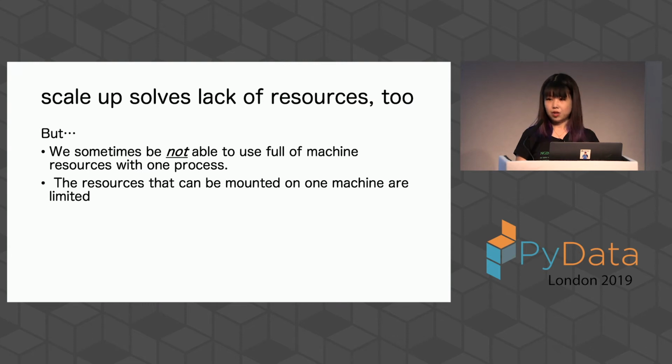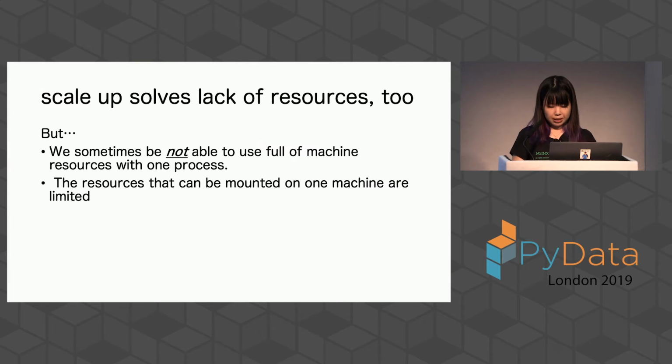But there are problems in scale-up too. First, we sometimes cannot use the full machine resources with one process. When we run one Python process, we can use only one CPU by default.